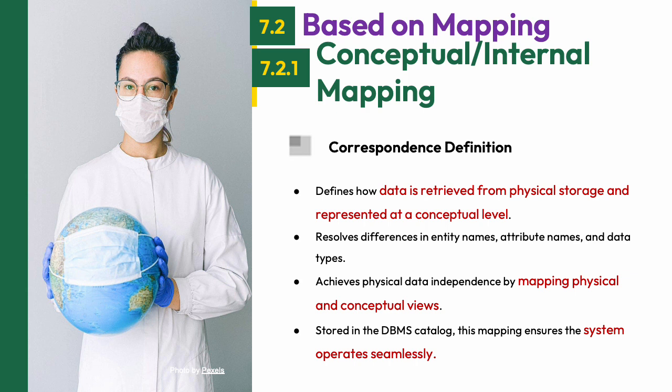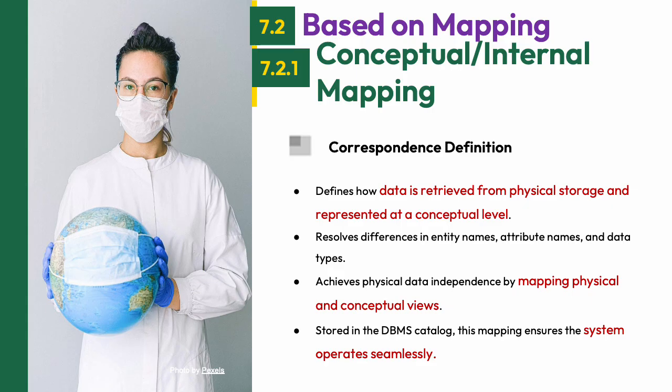This means that changes in the physical storage, like how data is stored on the disk, do not affect the conceptual view of the data. Users and applications can still access and manipulate data without being impacted by physical storage changes. This mapping information is stored in the DBMS catalog, and the catalog contains metadata that helps the system manage and use the data efficiently.